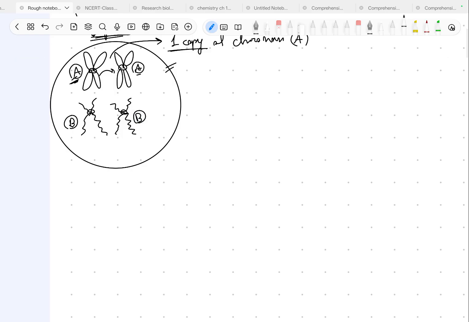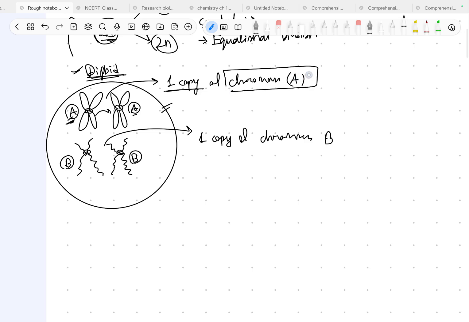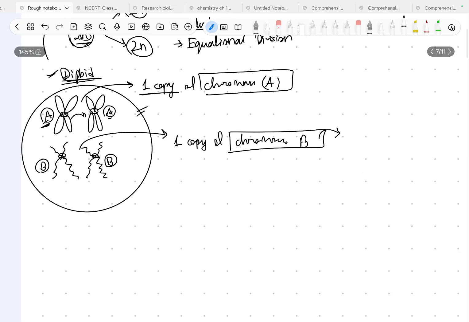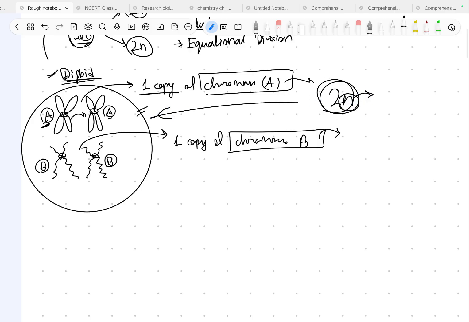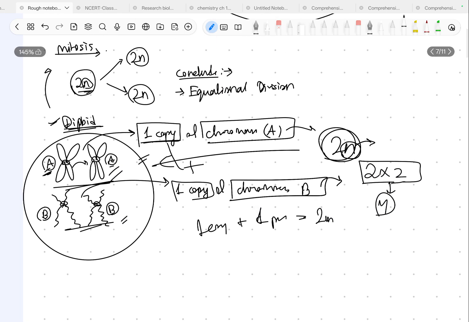So there is one copy of chromosome B, and another copy of chromosome B. Here we can see that chromosome A has a pair and chromosome B has a pair. So total 2n means it is diploid. n means the copies of chromosome, so one copy plus one copy is two copies, so 2 into 2 is 4, so here we are stating 4 chromosomes. So this is the mitosis.